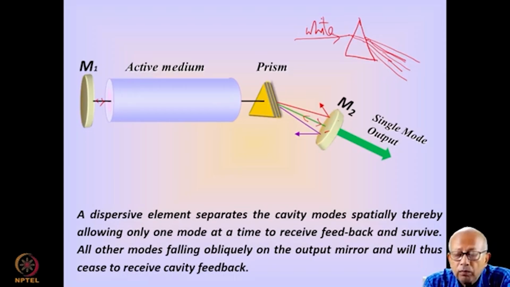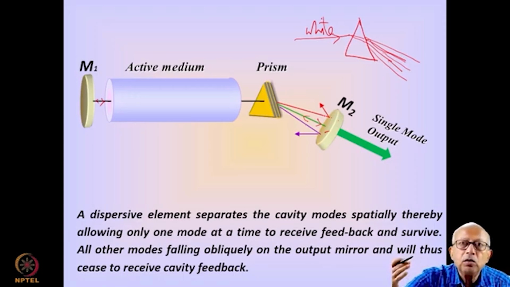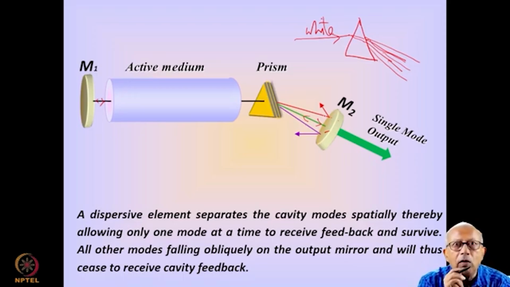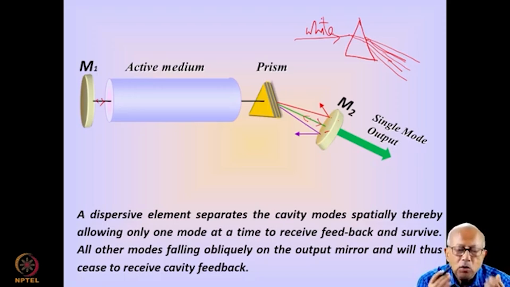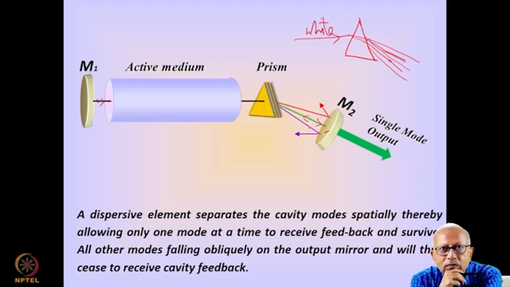Other modes which fall obliquely on this mirror would be reflected away and just would get lost, would not get a chance to lase at all. And this mode alone would be able to oscillate back and forth and extract energy from this active medium, which is continuously being pumped to maintain population inversion. Other modes cannot extract any energy from this active medium because they have no chance. This prism has come in the way.